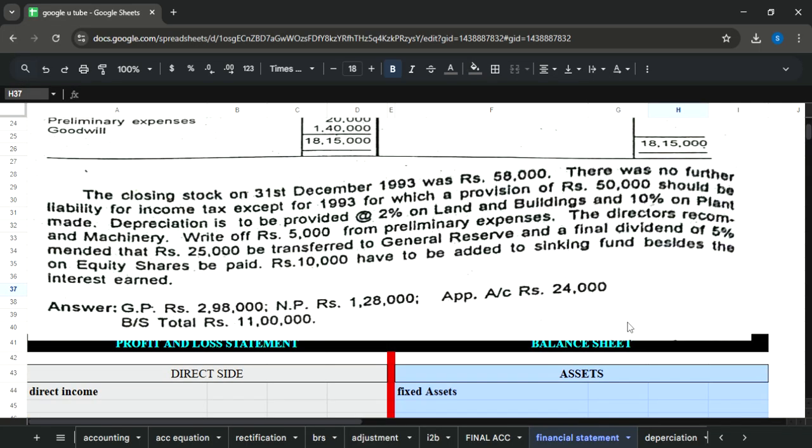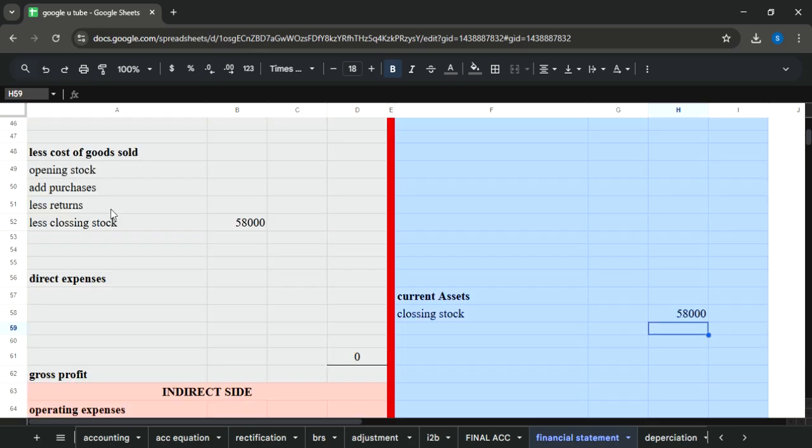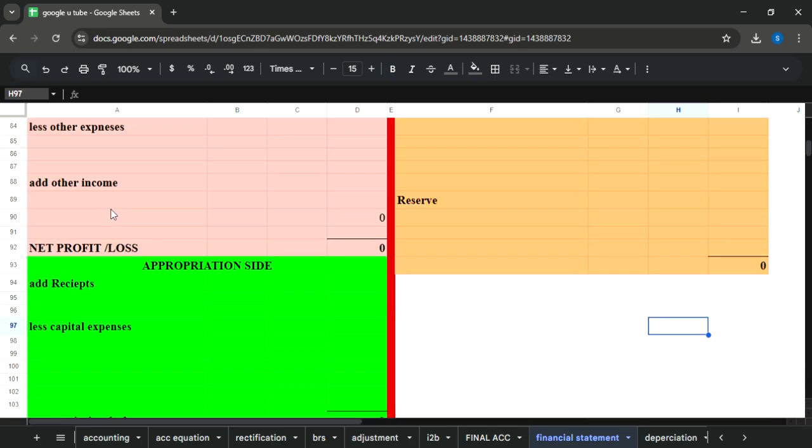Adjustment is completed. There was no further liability for income tax except a provision of 50,000 should be made. So it is purely an appropriate expense. So you will come over here, provision for income tax, amount of which was mentioned 50,000.